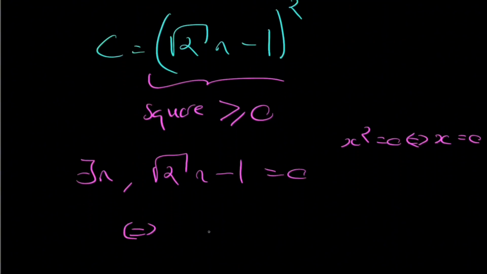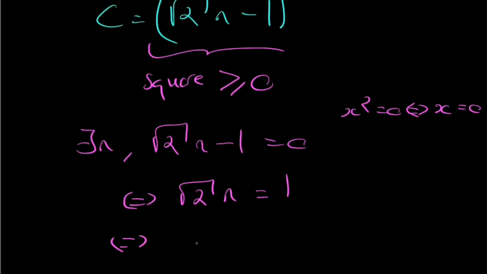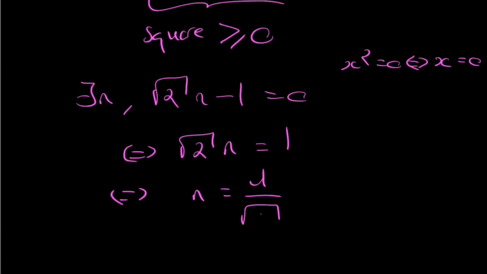And this would be equivalent to square root of 2n equal to 1, which is equivalent to n equal to 1 over square root of 2.